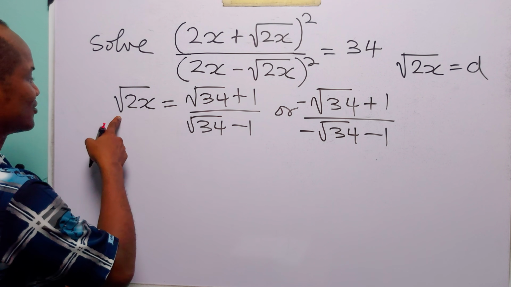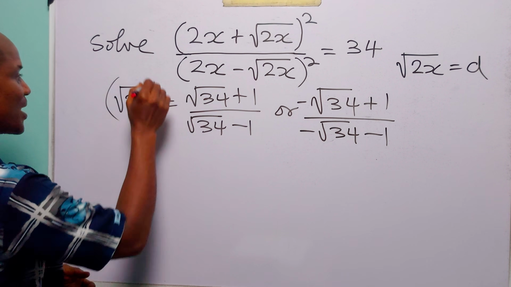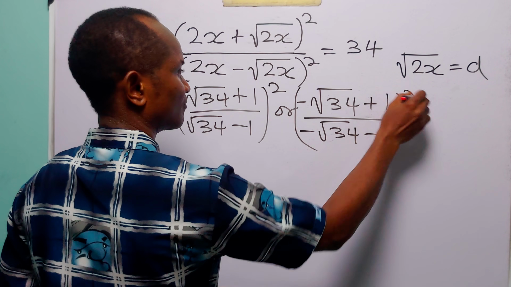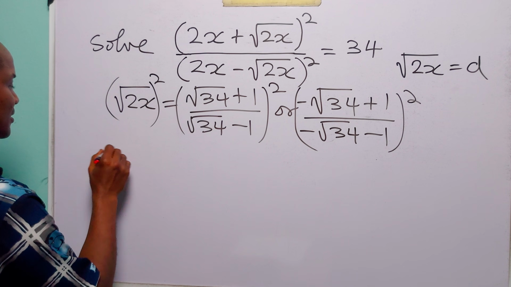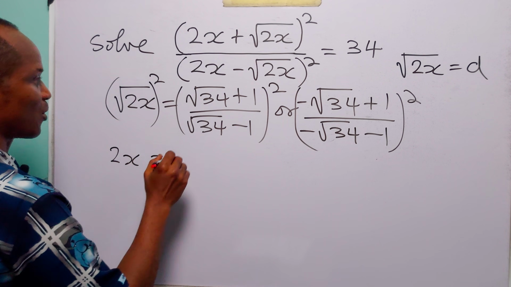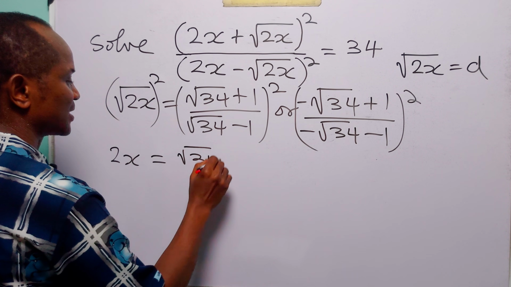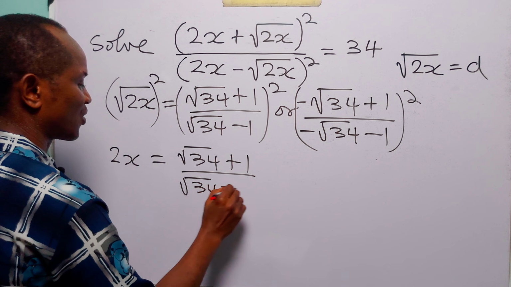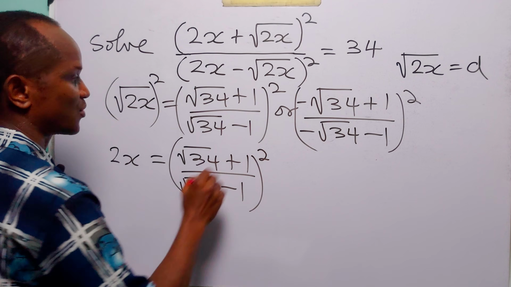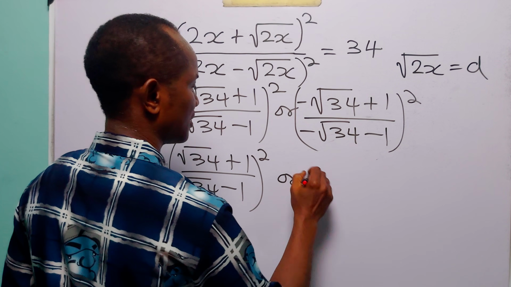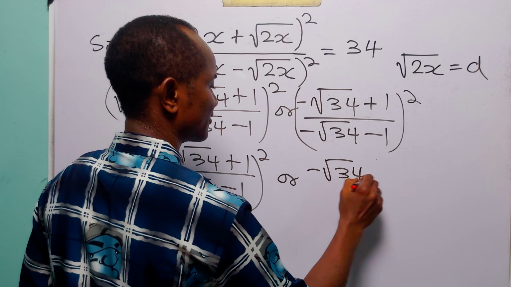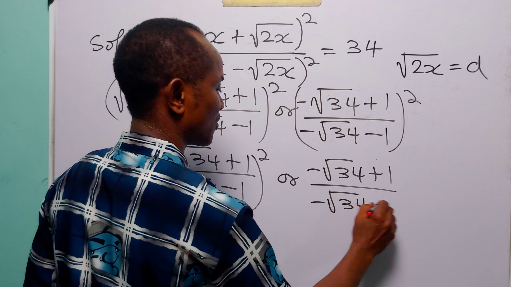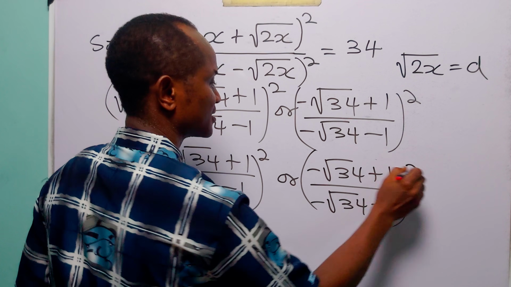And of course, to get rid of this square root, we square both sides of these two equations. From there, we have that 2x is equal to root 34 plus 1 over root 34 minus 1 squared, or minus root 34 plus 1 over minus root 34 minus 1 squared.